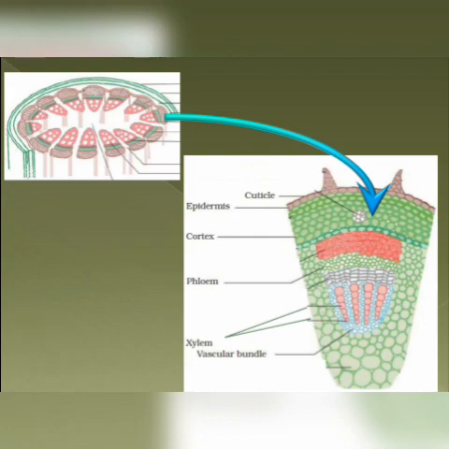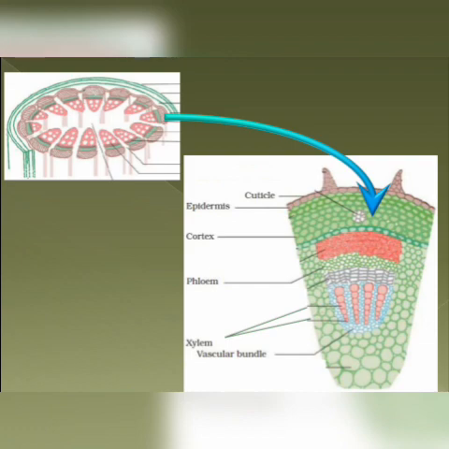Next, phloem. Phloem is a type of vascular tissue that helps in transportation of soluble organic compounds that are made during photosynthesis, and these organic compounds are translocated from leaf to other parts of the plant.